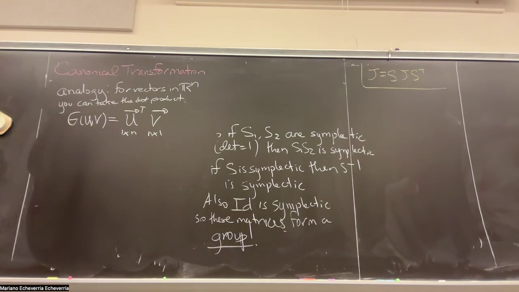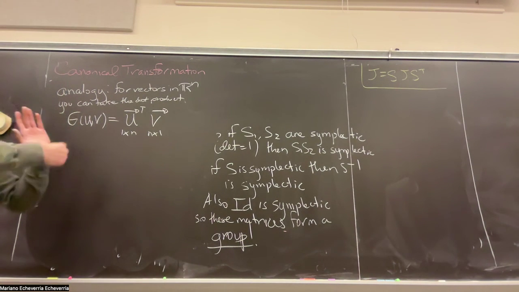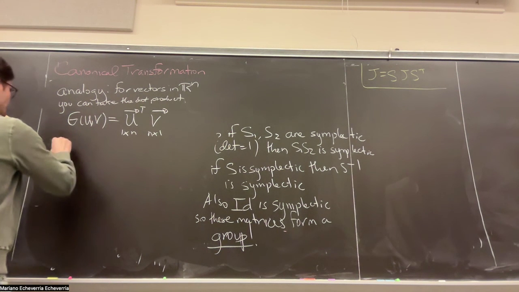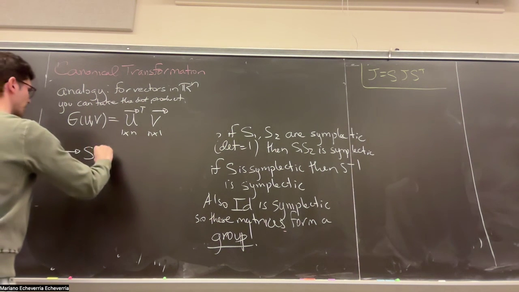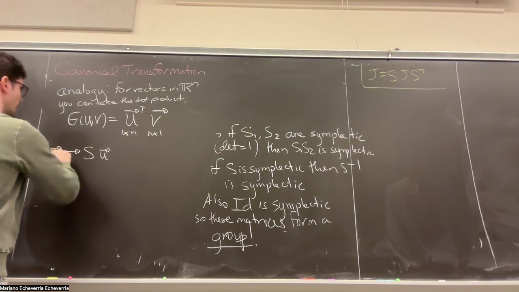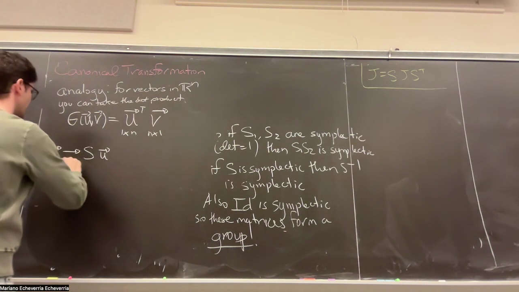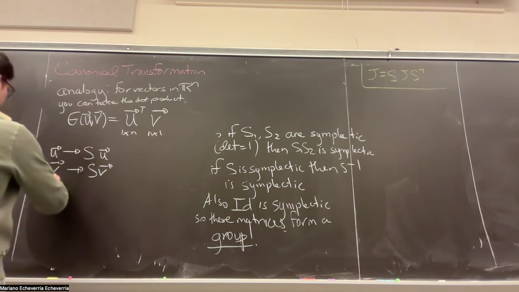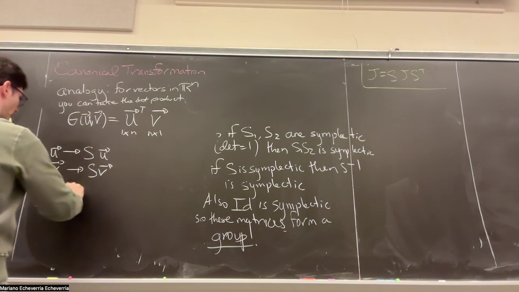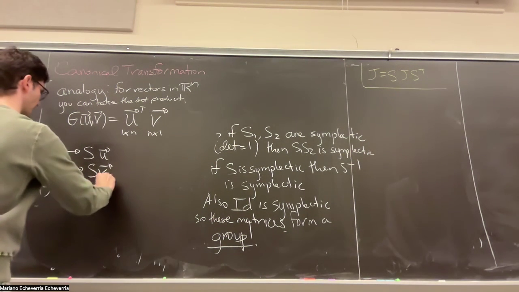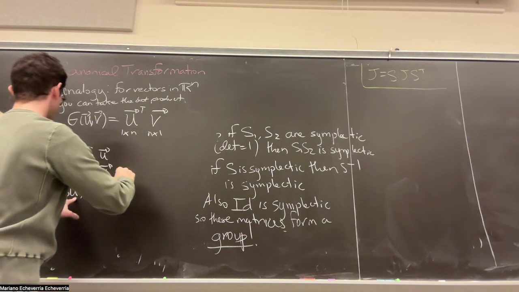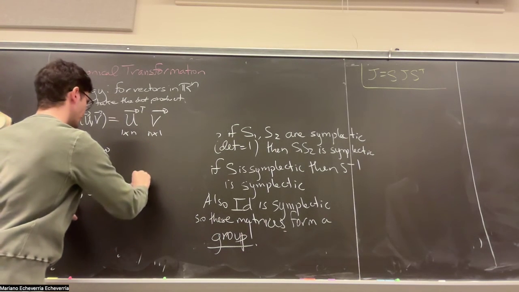So the dot product is bilinear, and then when you ask what are the invertible matrices that preserve the dot product? If you change the vector u to S times u, and the vector v to S times v, what's the dot product for these new vectors? Well, you have to transpose the first one, so you change the order of the factors.